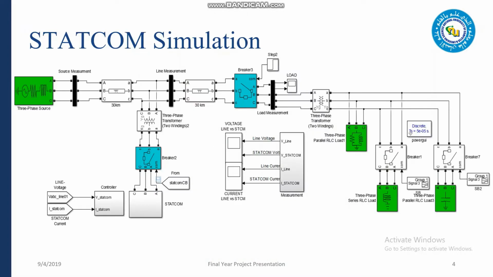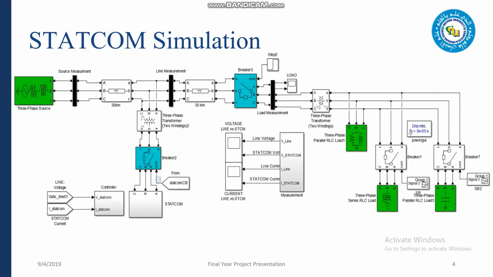In this slide, we can see our simulation overview. Starting on our left, to model our grid, we have an 11 kV generator acting as our bulk power source. Connected to that is a 60-kilometer transmission line, split into two 30-kilometer segments, that is further connected to our base load of 22 MVA.